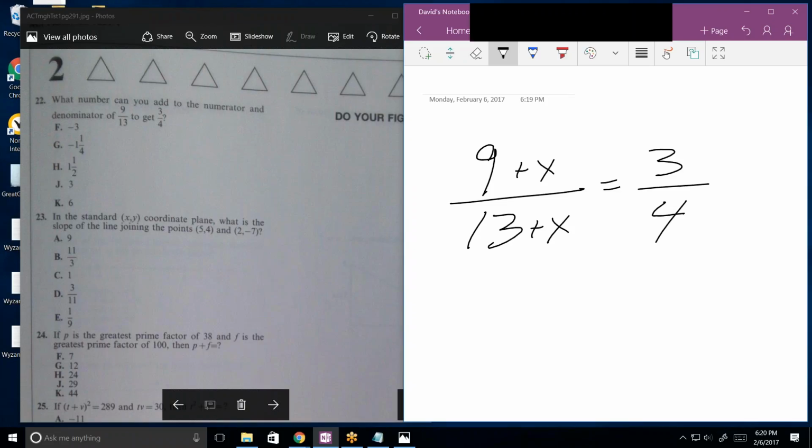But first of all, it's difficult to formulate this. Second of all, it's not that easy to solve it. There's a lot of math that you've got to do there. You've got to cross multiply, distribute, gather all your x terms on one side, your numbers on the other. There's a whole lot of math. Your solution took you about 10 seconds.